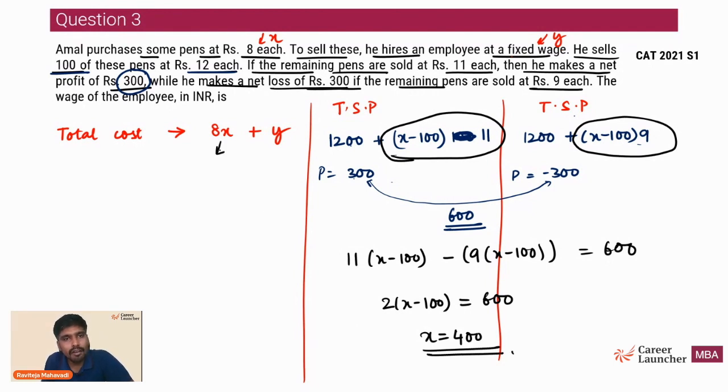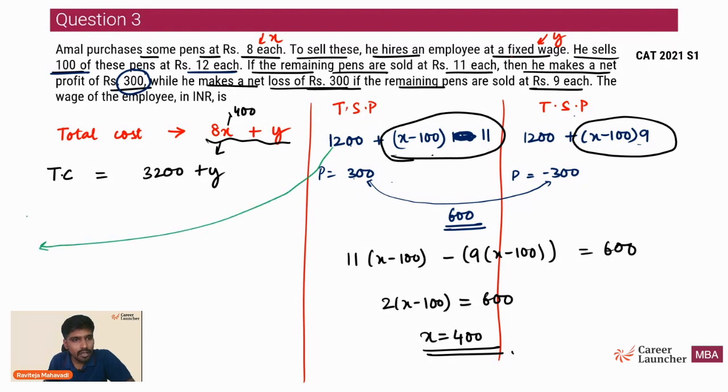So here you have 400 pens. If x is 400, the total cost comes out to be 3200 plus Y. And if x is 400, the total selling price in the first case comes out to be 1200 plus 300 into 11, which is 4500.